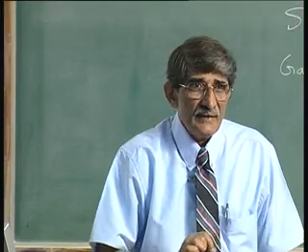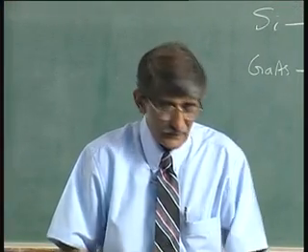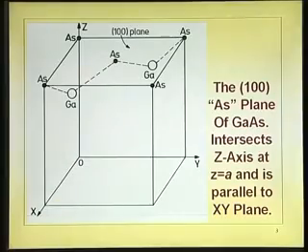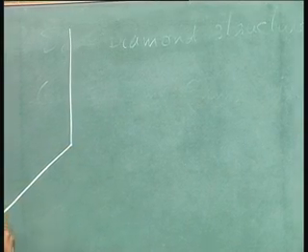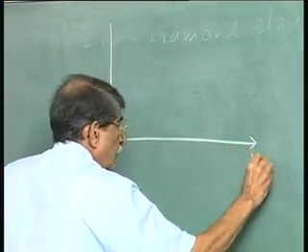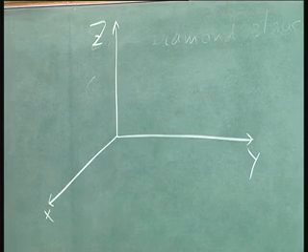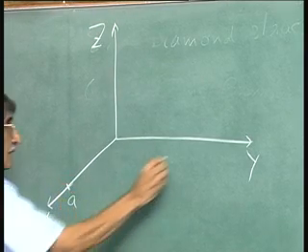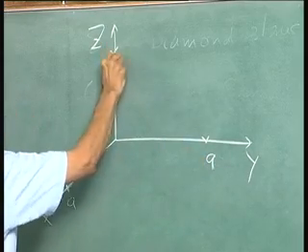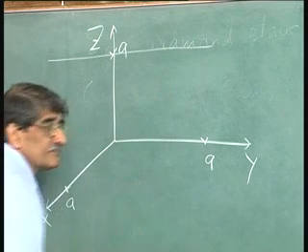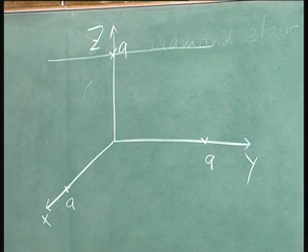Strictly speaking, it is not 100 plane. Okay. So, the Miller indices, for example, if I take x, y and z, what we are taking is, see, this is A, that is A, that is A. If I draw a plane parallel to that, that is that plane, what we put there on the top.